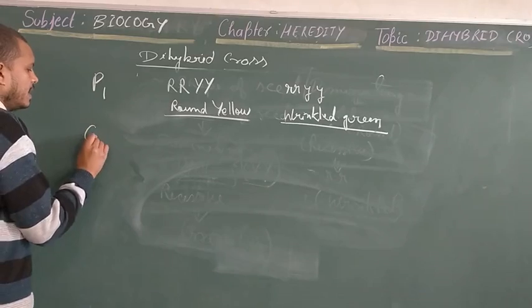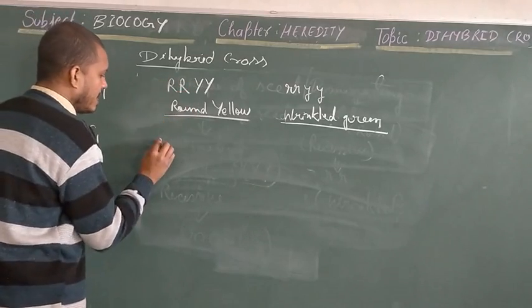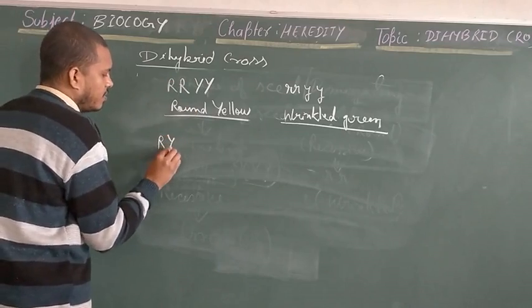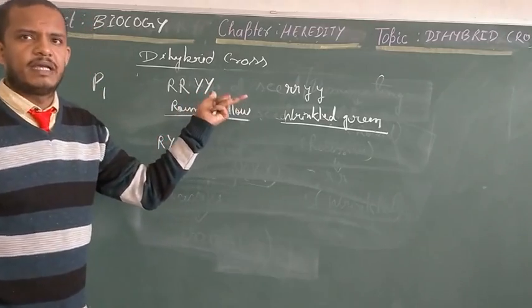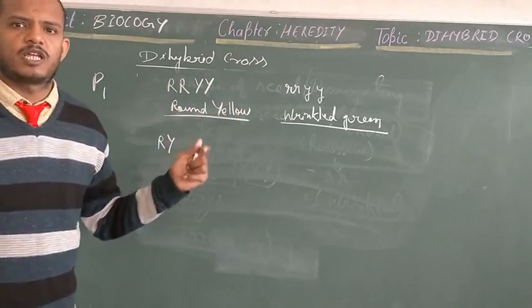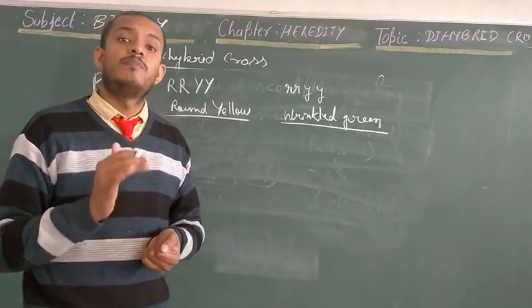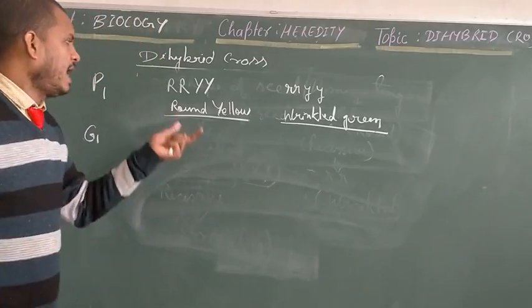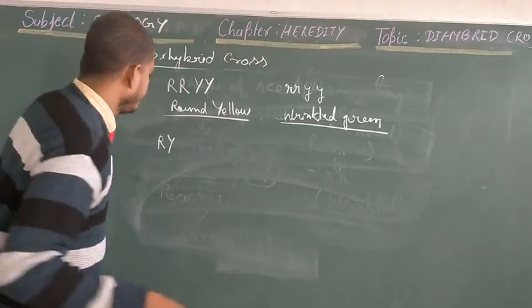Now what will happen? From the parents, gametes are going to be formed. From here you will get capital R, capital Y. They are diploid in number currently. But when gamete formation takes place, reduction division, known as meiosis, takes place, and the chromosome number is reduced to half.